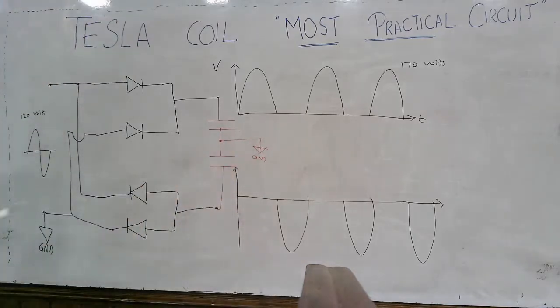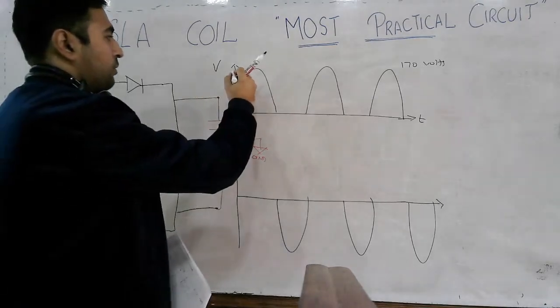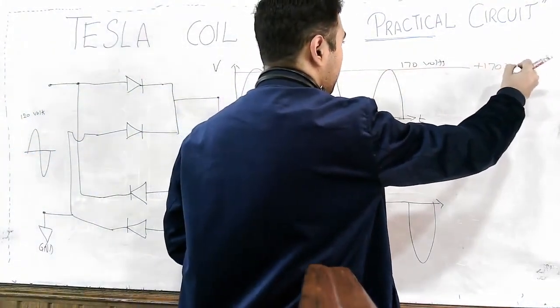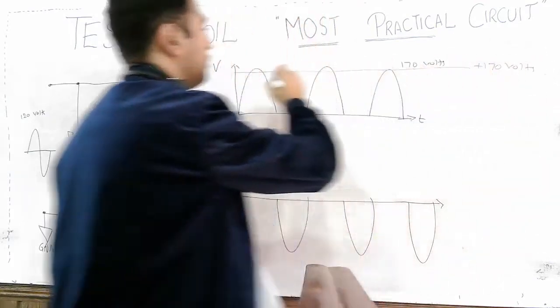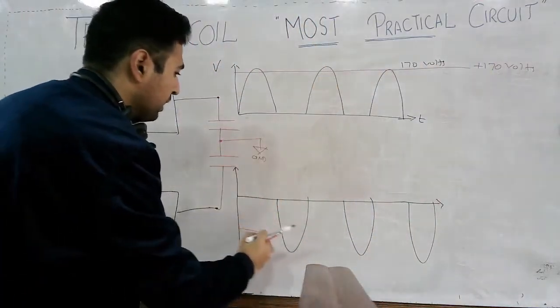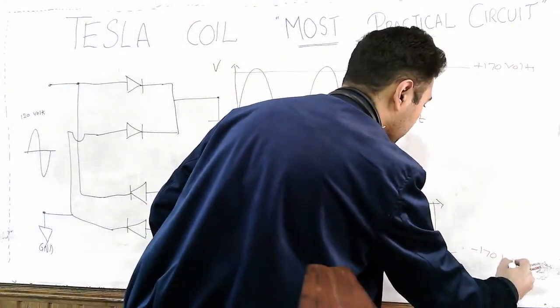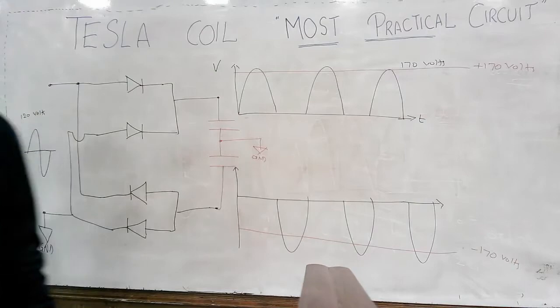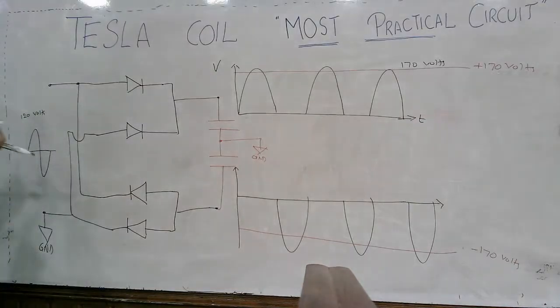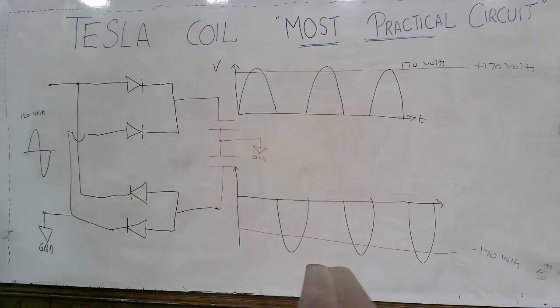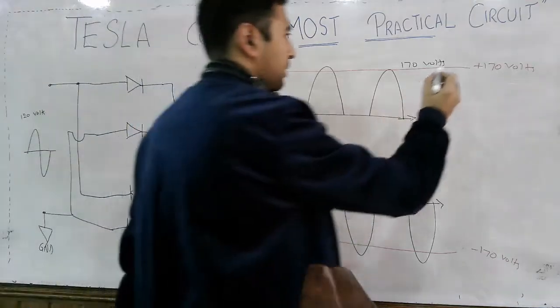So what we will obtain is plus 170 volts filtered DC here and minus 170 volts filtered DC here. So this is how you have obtained the plus 170 volt and minus 170 volt DC supply.